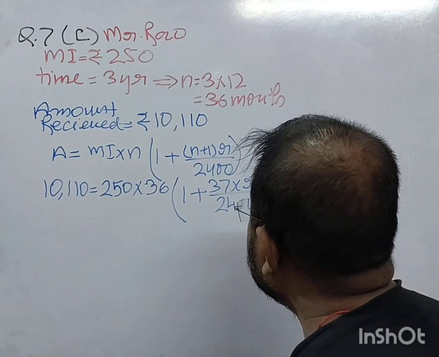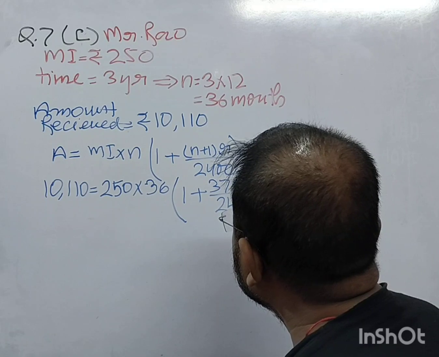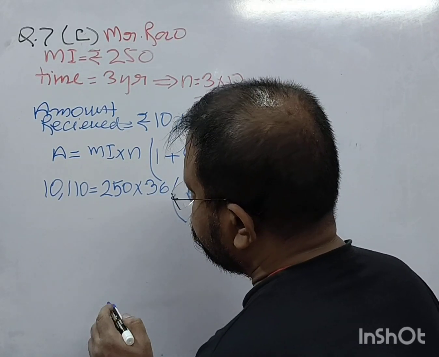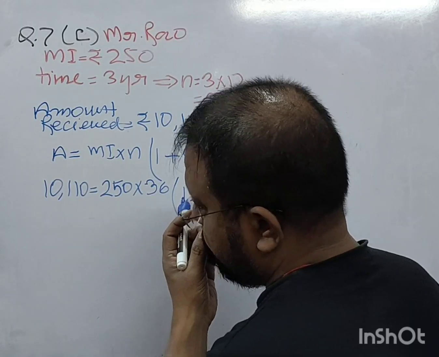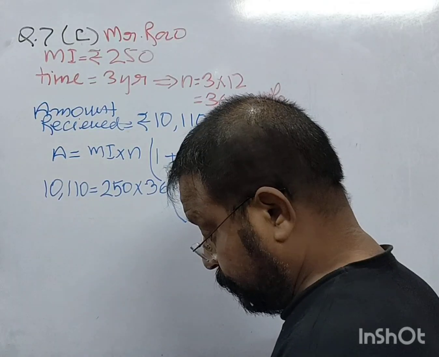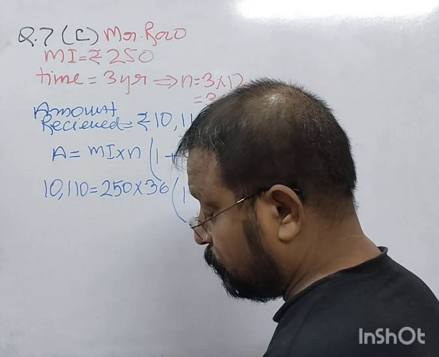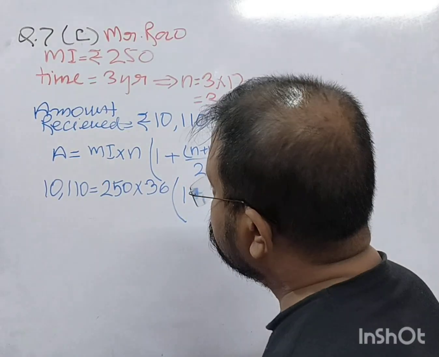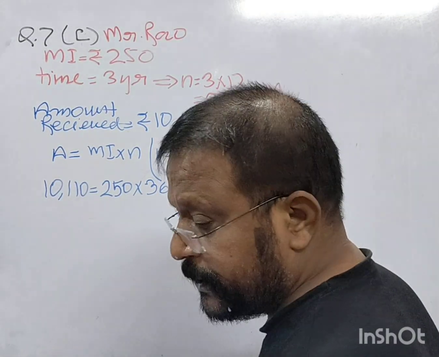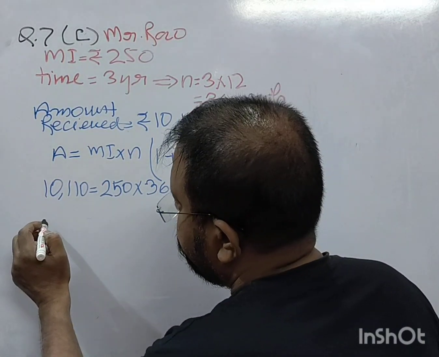So what do we do now? 250 into 36 is 9,000 rupees. Right? Bring this here.